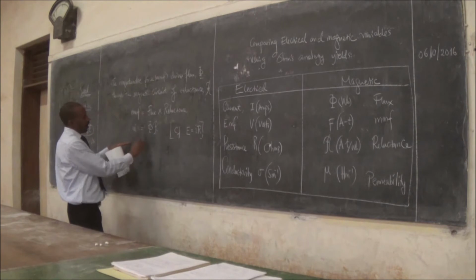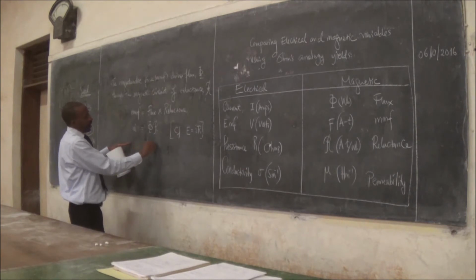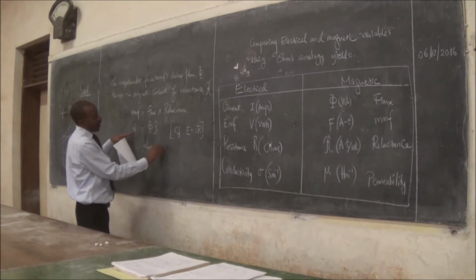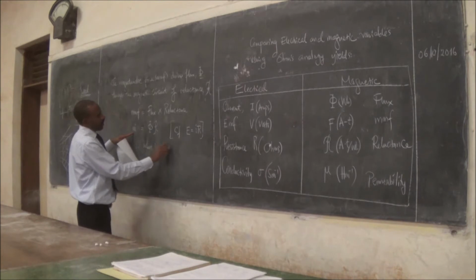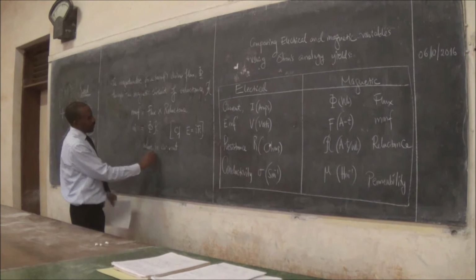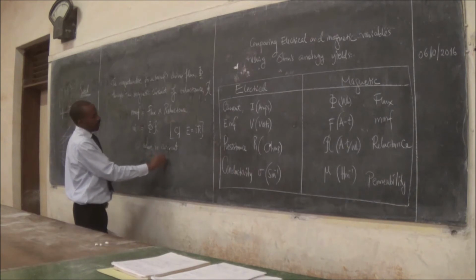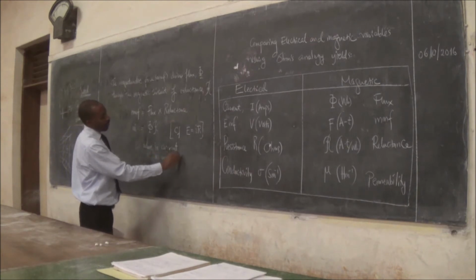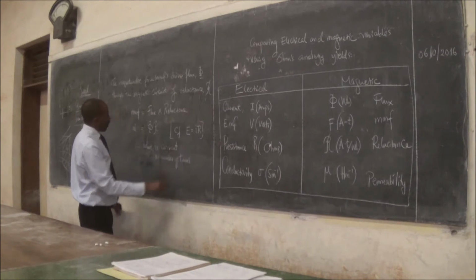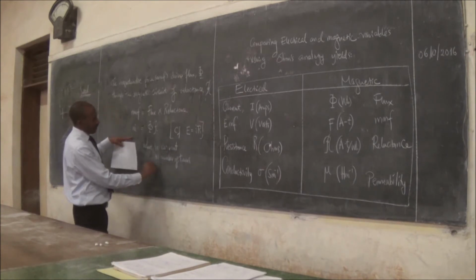So here, I is the current, which is producing the flux lines, and N is the number of turns, and then script R is the reluctance.